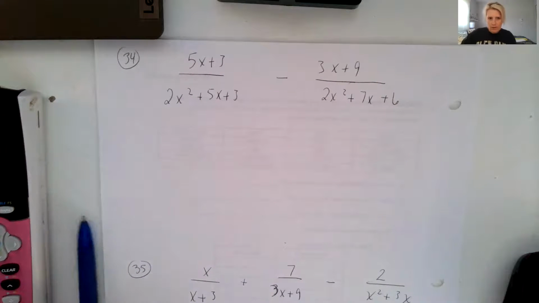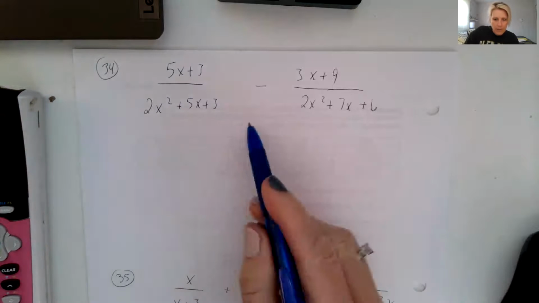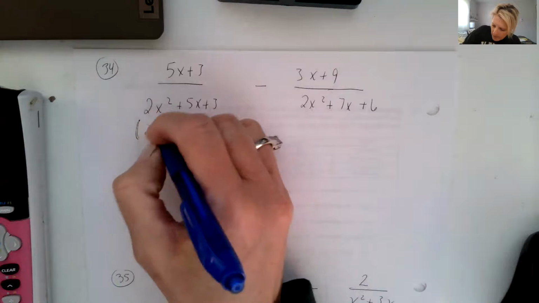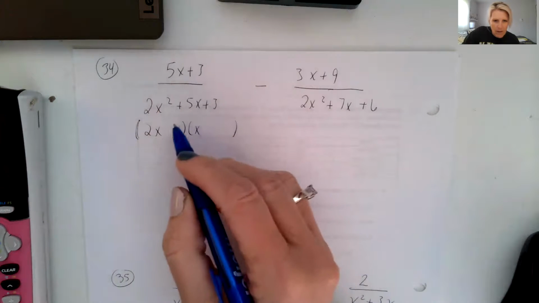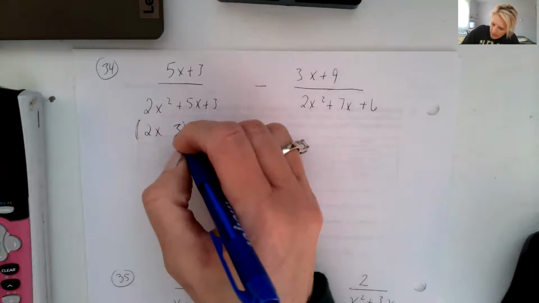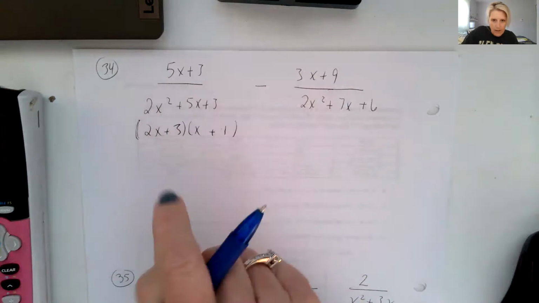Okay, so 34. We have to factor our denominators to see what they have in common. So this is going to be a 2x and x. We have to add to make 5. So 3 times 2 would be 6, so it has to be the 3 here and a 1. So 2 plus 3 is the 5.